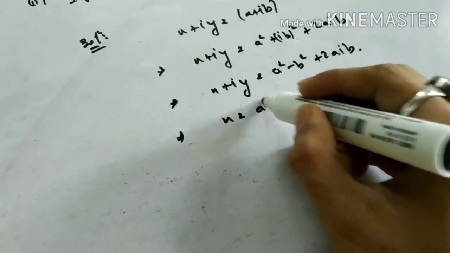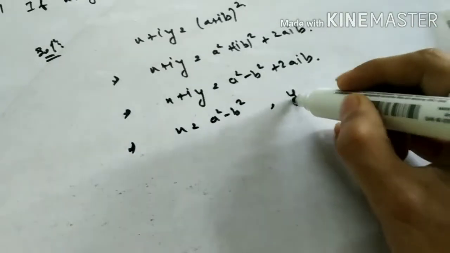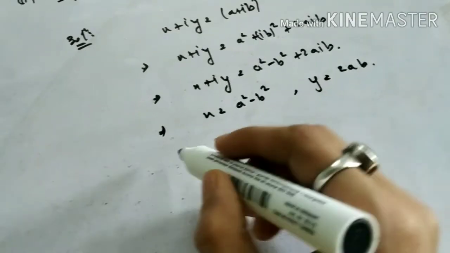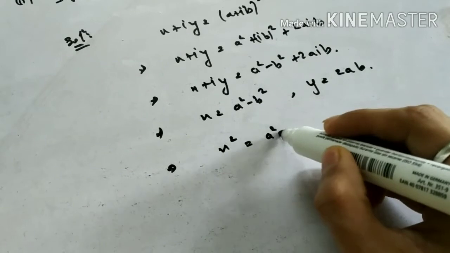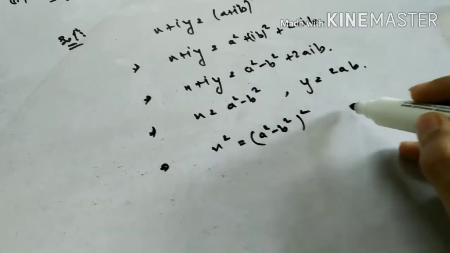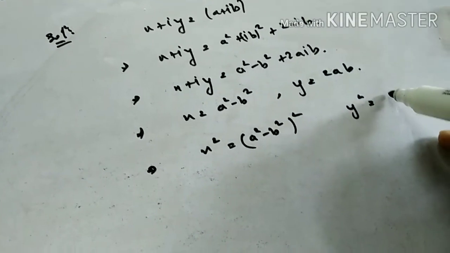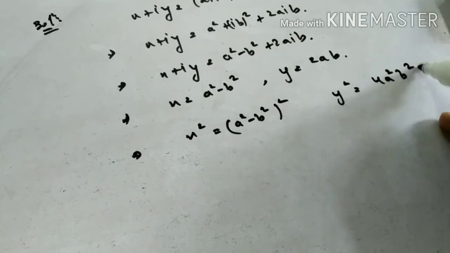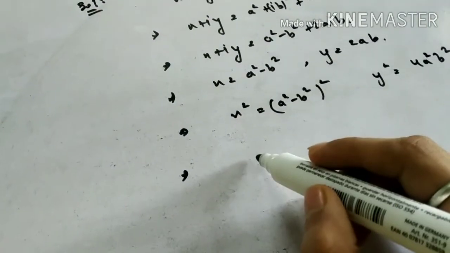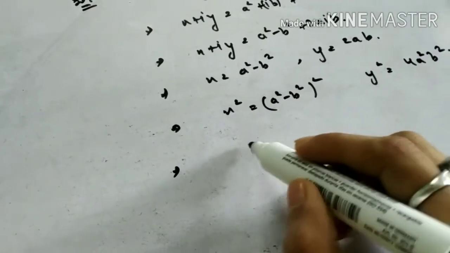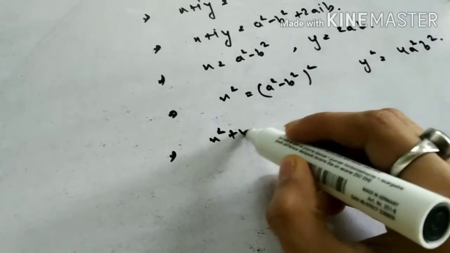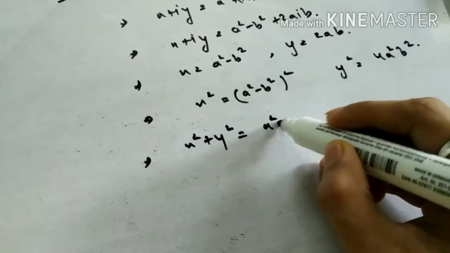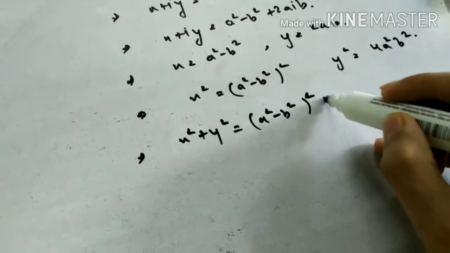So x is equals to I will get a square minus b square, y is equals to I will get twice ab. So x square, if I do, a square minus b square the whole square, and y square, if I do, I will get 4a square b square. So now in here you see, so this is x square plus y square is equals to I will get a square minus b square the whole square plus 4a square b square.